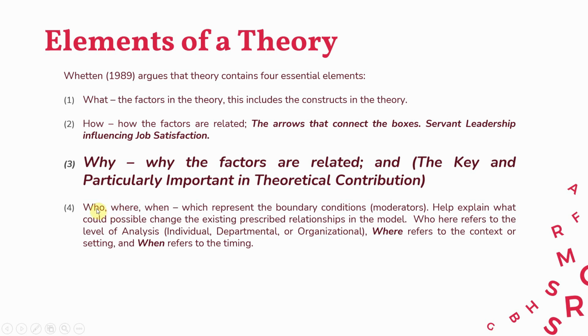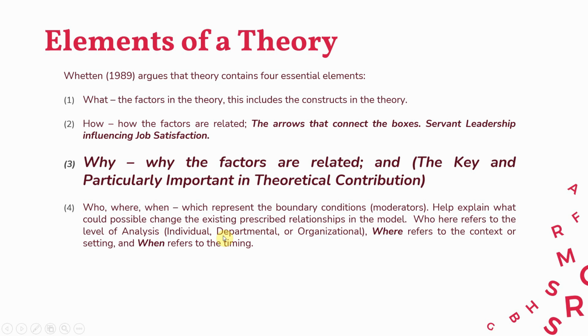And finally, the fourth essential element comprises who, where, and when, which represent the boundary conditions or moderators, and they help explain what could change the existing prescribed relationship in the model. Who here refers to level of analysis.